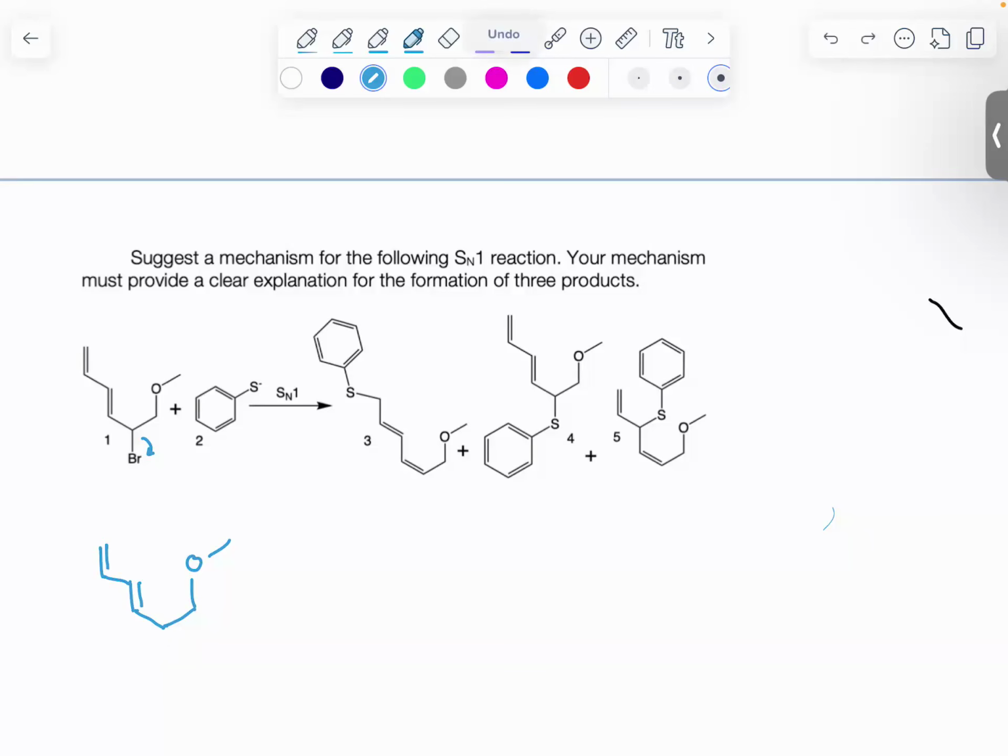So now we have a cation that is perfectly primed for connection with our nucleophile.